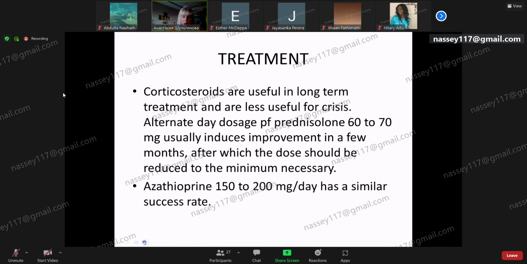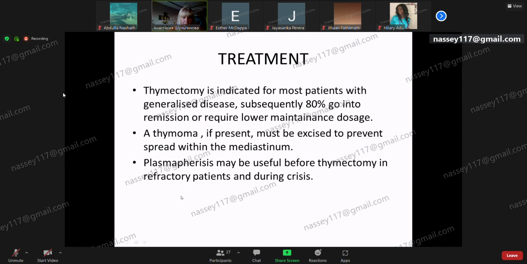That's why if it is not necessary for the patient and there is a positive result with anticholinergic drugs, we will exclude corticosteroids.